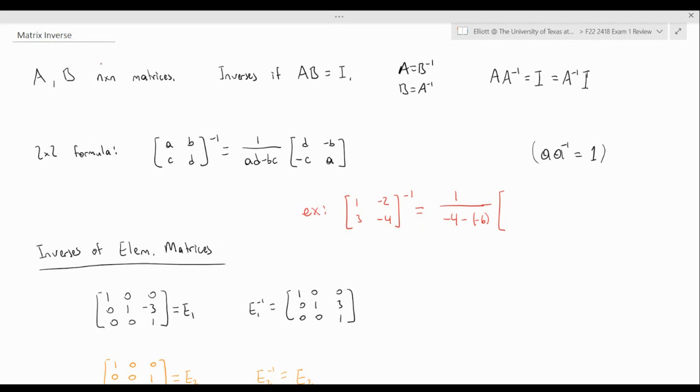So instead of 1, -4, we're going to swap them. So it's going to be -4 and then 1 on the diagonal. For the off-diagonal entries, you want to put a negative sign in front of them. So instead of -2, here in the inverse, it's going to be negative -2, which is +2, and this is going to be -3, okay?